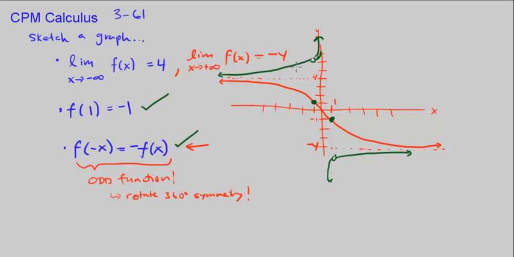Still have the odd symmetry, right? And so green works, so does the red function. Remember, this point is defined in red as well. Alright, so these are just two quick examples that have these 3 properties. Alright, this ends CPM Calculus Chapter 3, number 61.